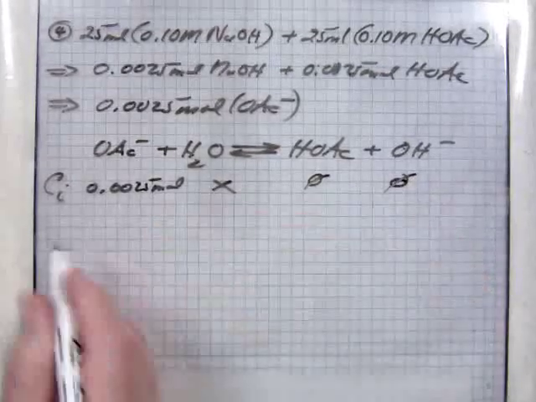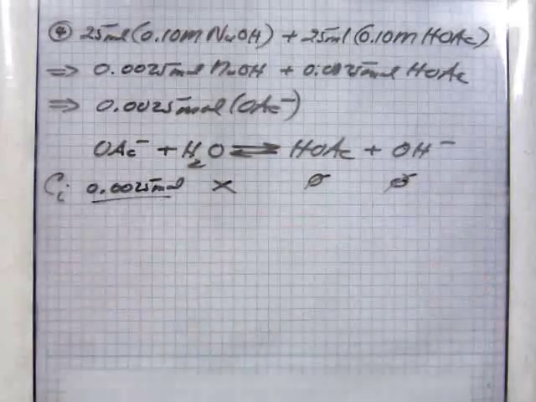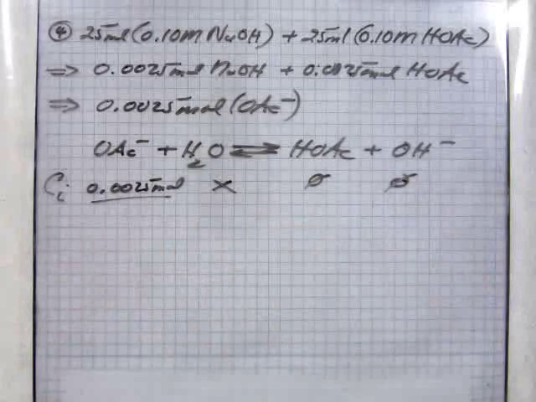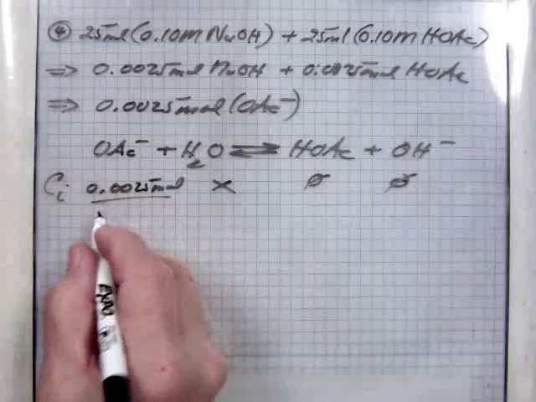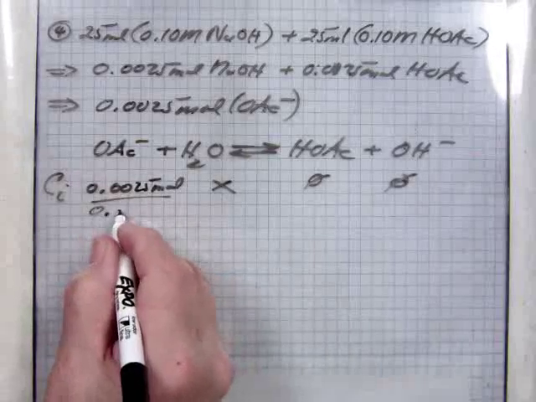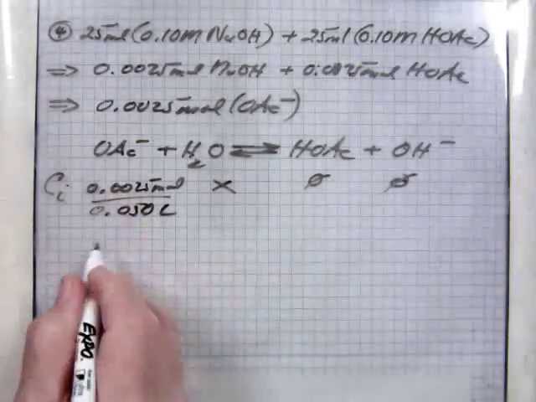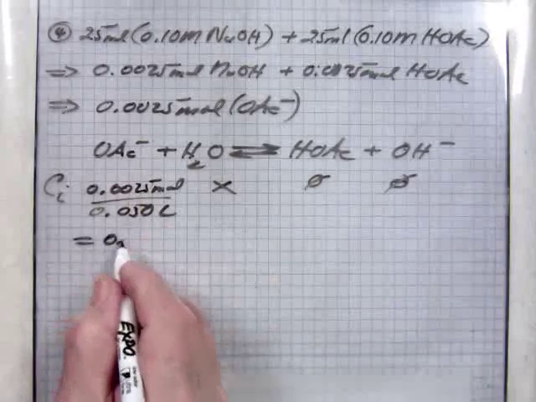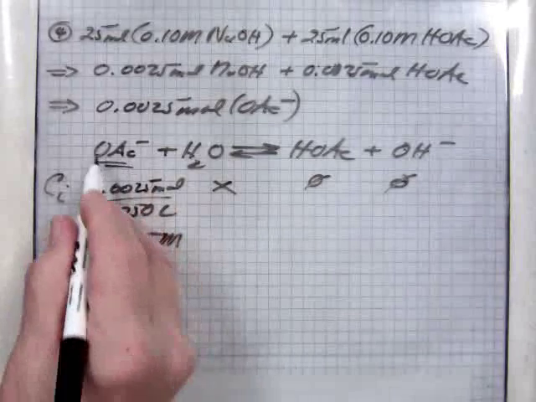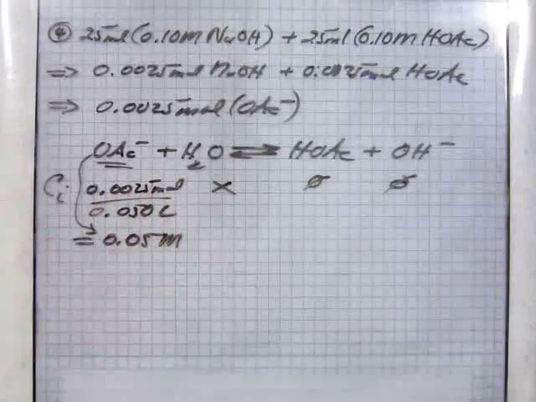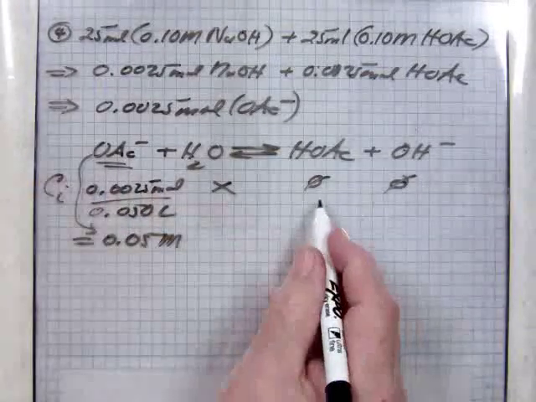Well, of course, we have to convert that to molar concentration. So we have 50 mL, so it's 0.0025 divided by 0.05 liters, and that's 0.05 molar in the acetate ion. And you still have 0 and 0.